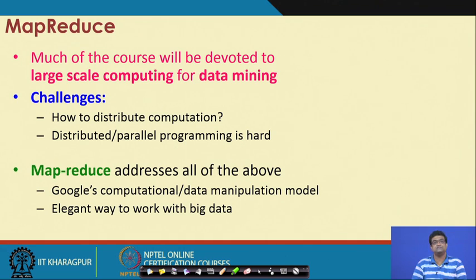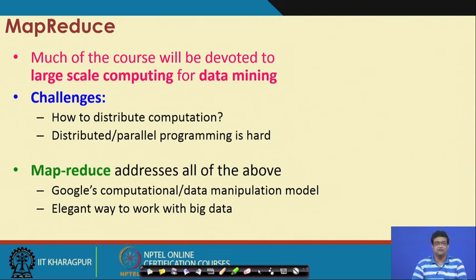What is the best way of distributing the computation, what is the best way of storing data, and how much data should be transferred to which server. If you have a large cluster of servers, on which servers should the data be processed, and so on and so forth.